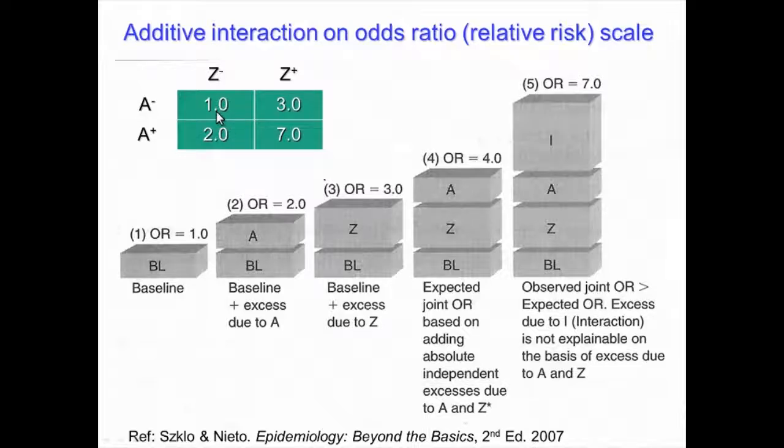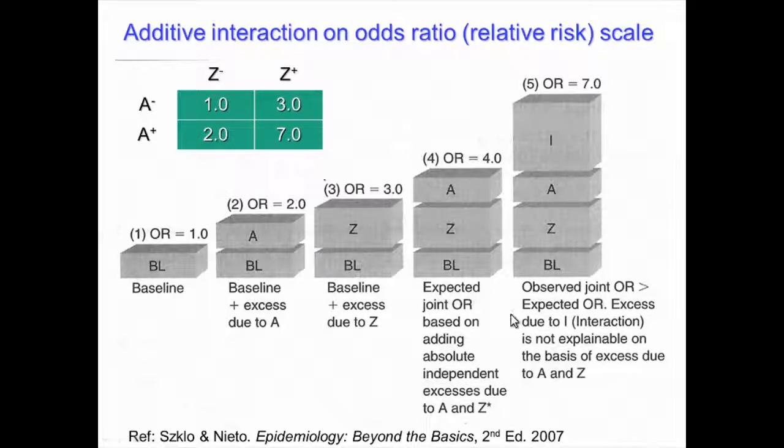So the 1 is the baseline, which A and Z add to. So here you can see illustrated, we have the baseline, and then the additional risk attributable to A is this amount here. And here Z, this is the attributable amount for Z exposure. And here would be the expected, based on just adding these two blocks, leaving one baseline, adding Z to A, and this is what we'd expect.